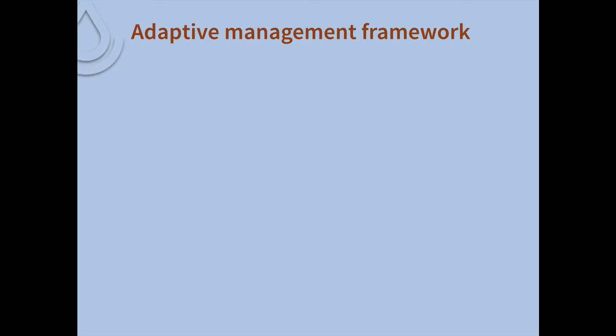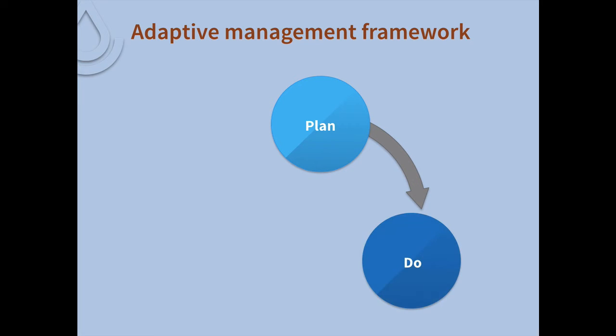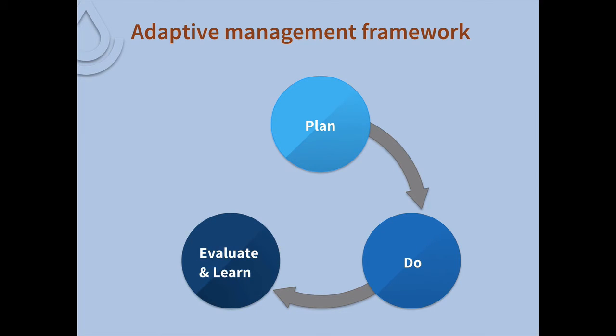And so if we take a look at what an adaptive management framework looks like, we develop that management plan for the drainage water management system. The producer takes that plan and then goes out and implements it. But as they do that, they should really be evaluating and learning as they go along and paying attention to how that system responds to different management actions. Based on that, then they may need to make some in-season adjustments.